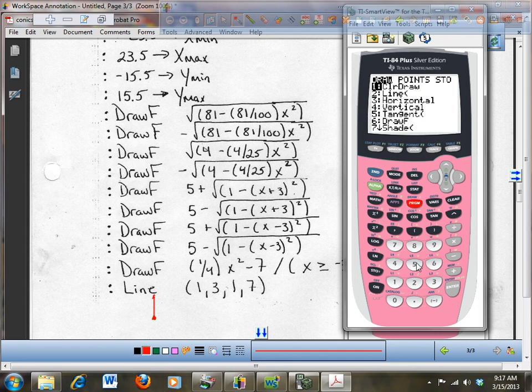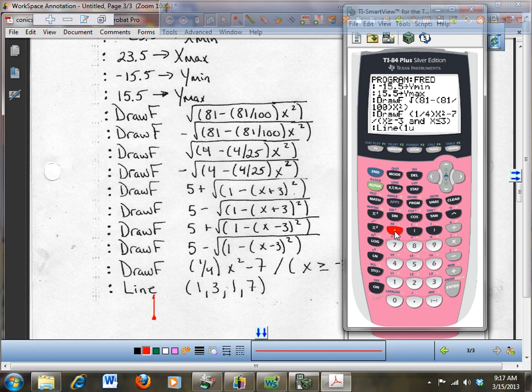Line. See that? And all you have to do, if you want a line going from 1, 3 to 1, 7, is go 1, comma, where's the comma? It's the button right above the 7.